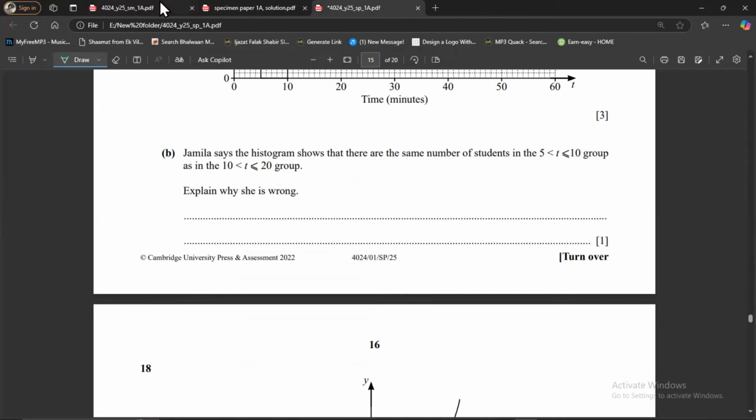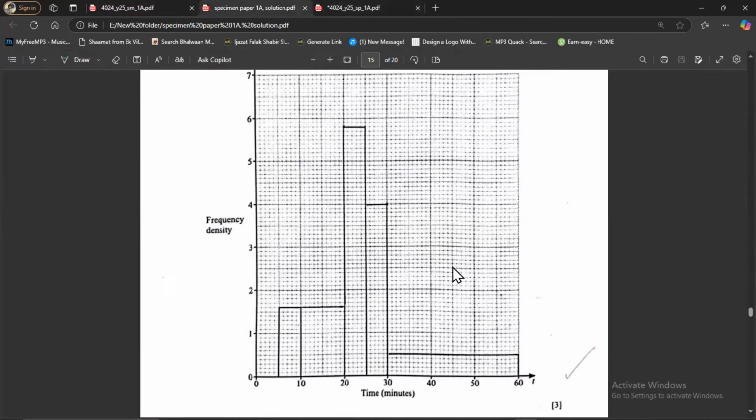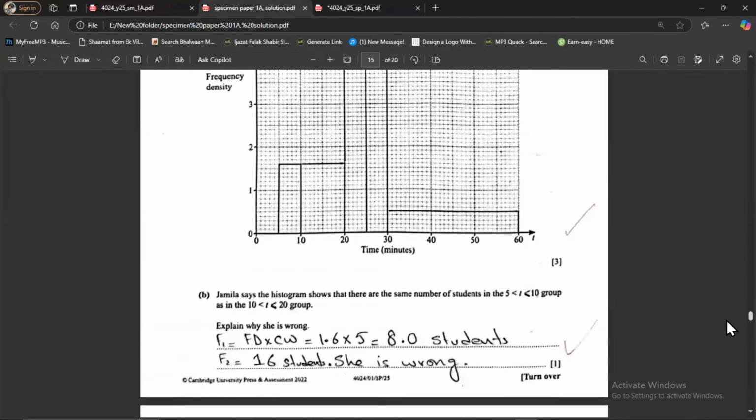Okay, so when I draw the 5 to 10, 10 to 20, their frequency density is the same. Is the number of students also the same? The answer is no. So you see, the frequency of this class will be frequency density multiplied by class width. Its frequency density is 1.6, its class width is 5. So there are 8 students. In this class, there are 16 students.